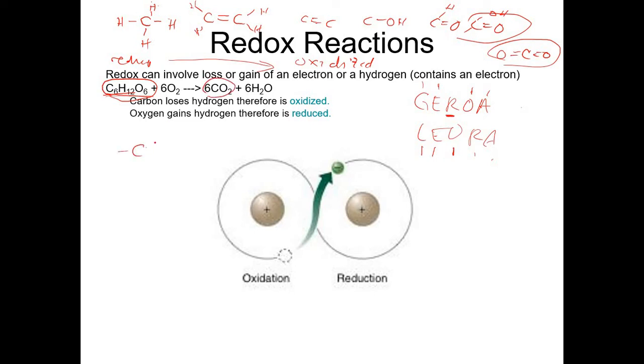So, from C, you have that, right? Double bond OH. So, you have that, right? C, 1, 2, 3, 4, 5, 6. One, two, three, four, five, six. That's too many; this should be H. Sorry.